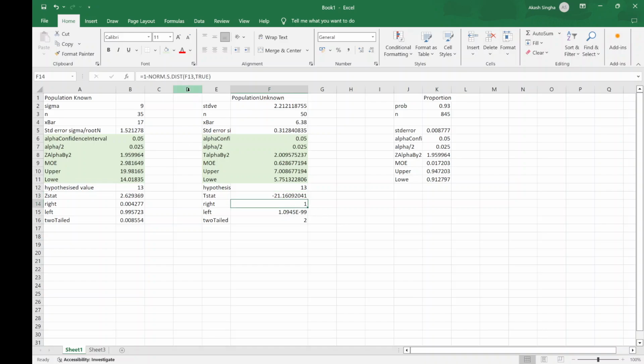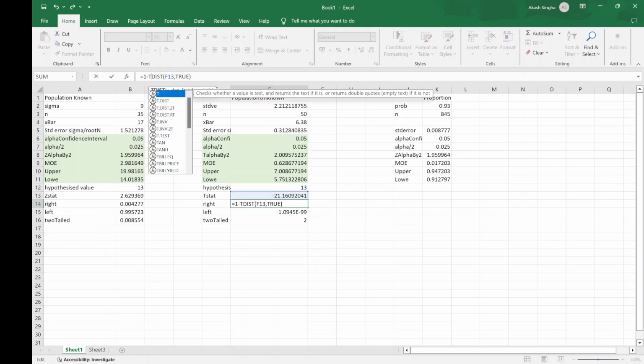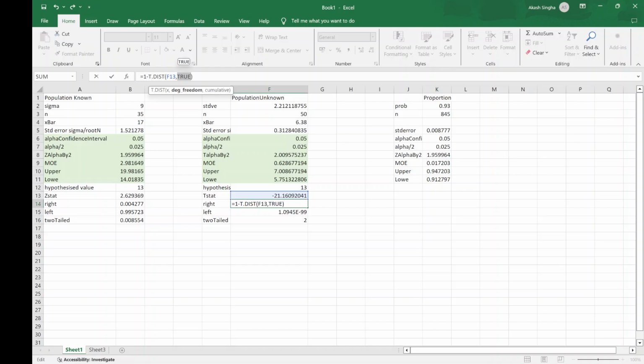And here also it will be not norm.s.dist, it will be t.test, and degree of freedom will be n minus 1, and it will be cumulative.